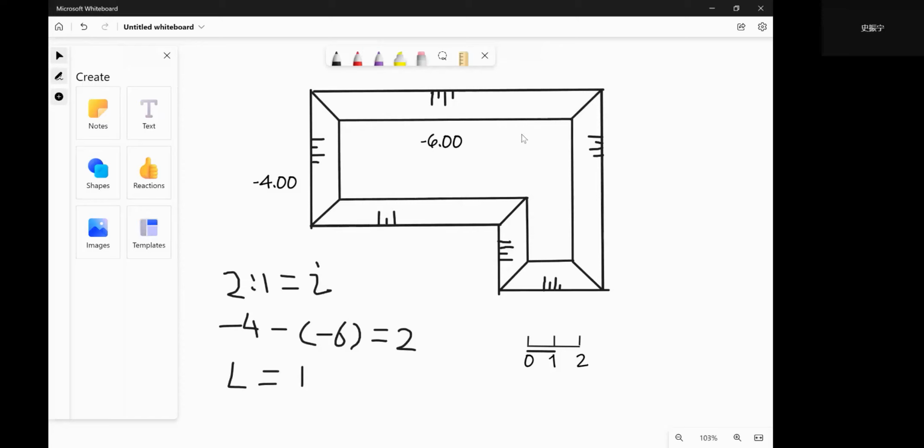I will use your scale ruler to measure your distance, not my scale ruler. Okay, I know what you mean. So, no problem.